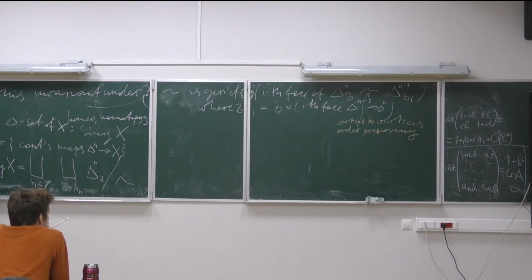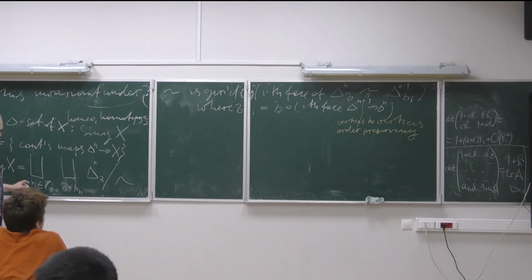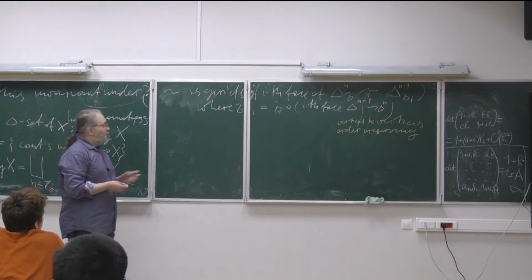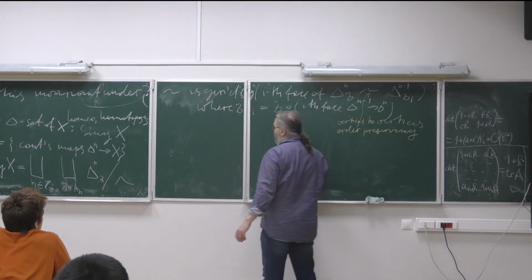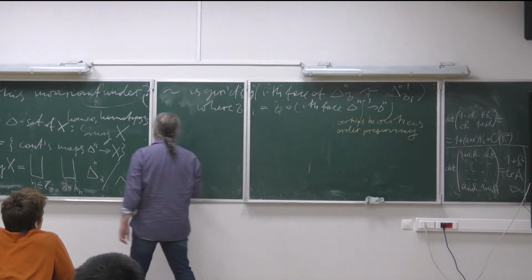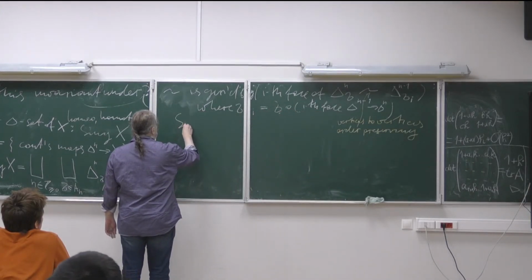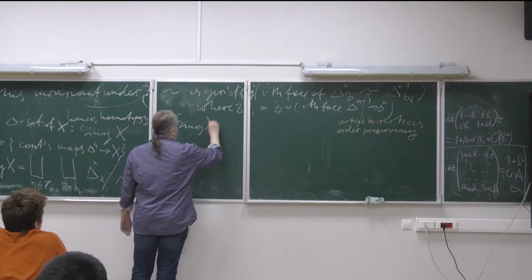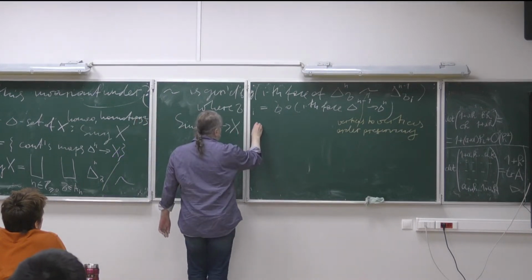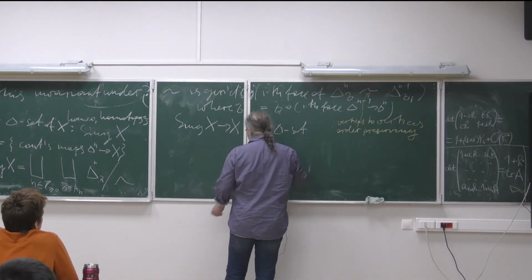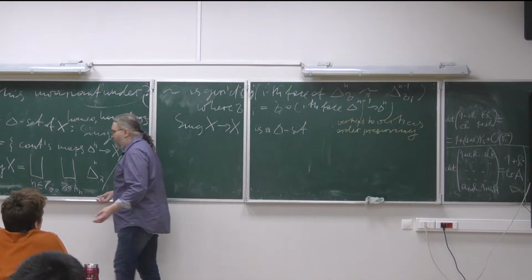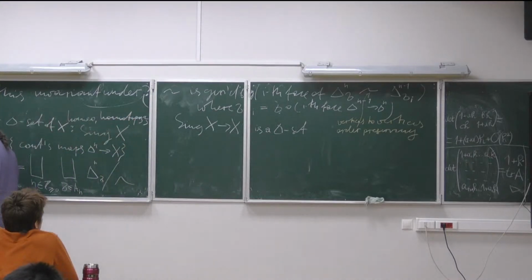Does this make sense? And more or less, by definition, the result is a delta set. It's enormous, yes, but it's still a delta set.